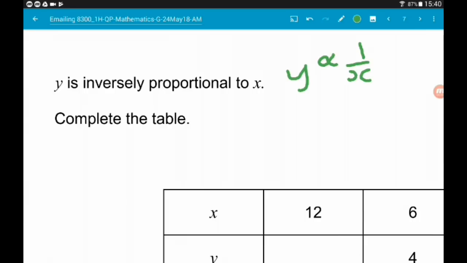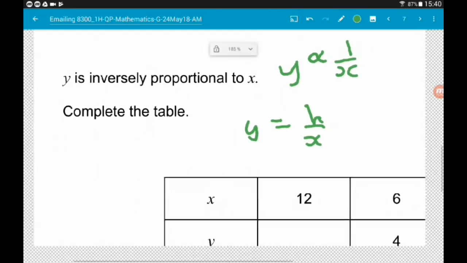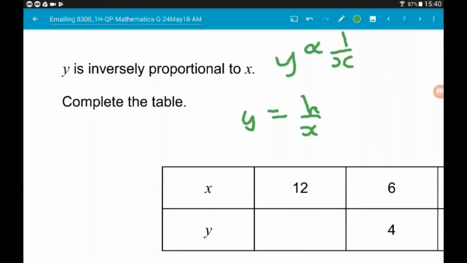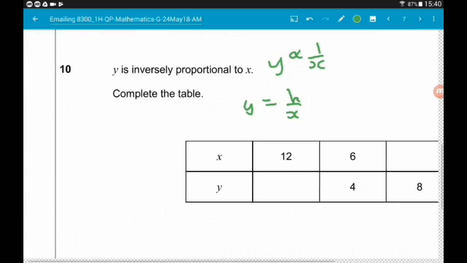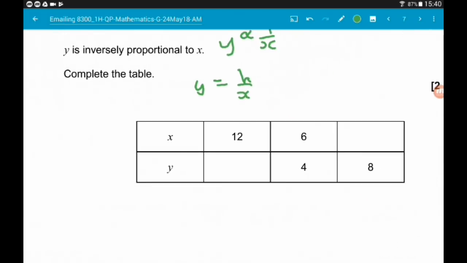So that's the proportion. The formula that we would want to use is y is equal to k over x. So our first mission is to find the value of k. Now we're going to do that by using the middle row of the table. So the middle row tells us that when x is 6, y is equal to 4.